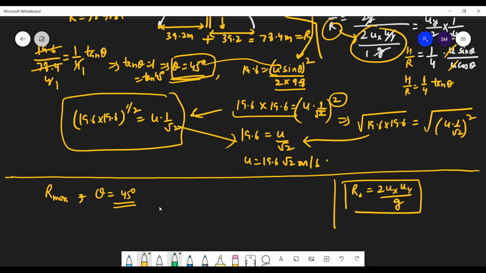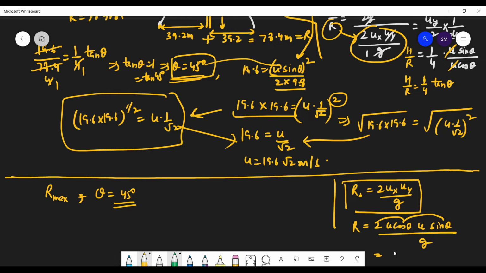This is not the first time we are doing this. And this can further be written as 2, बताया था ux is equals to u cos theta, uy is equals to u sin theta divided by g. So further this formula will be 2 cos theta sin theta.